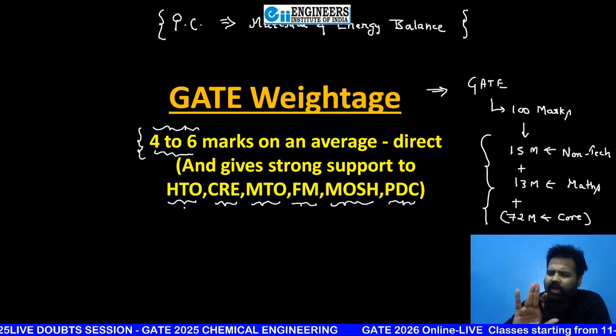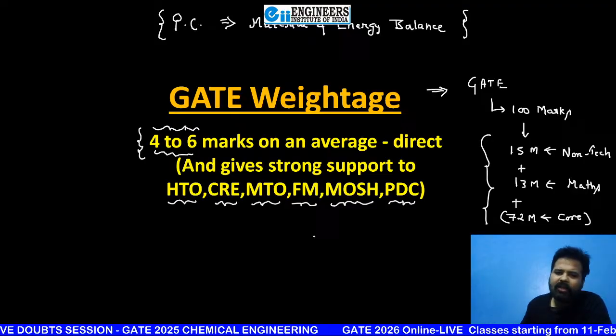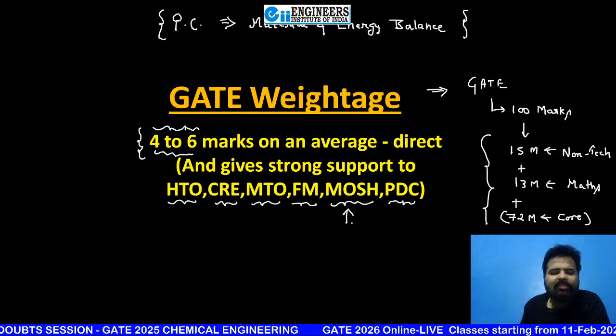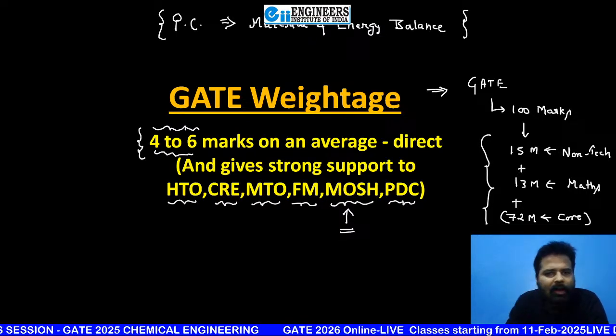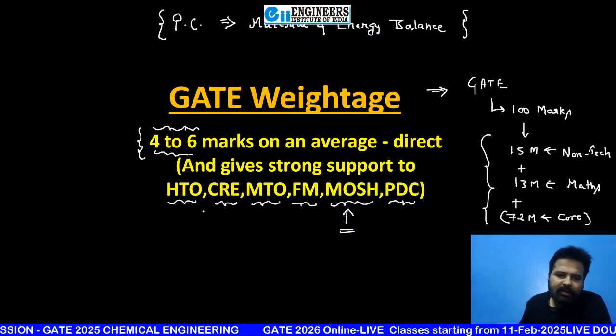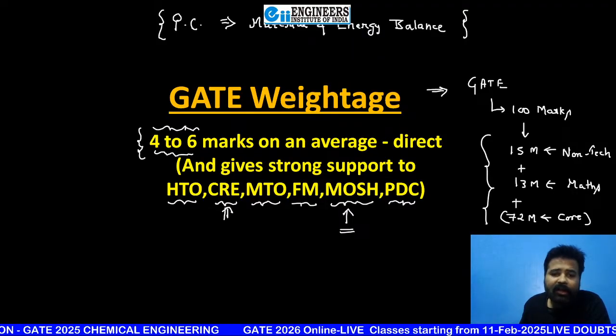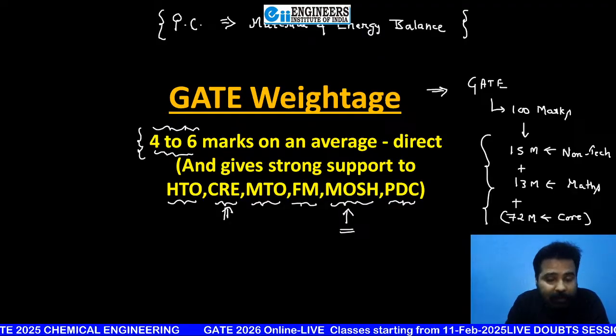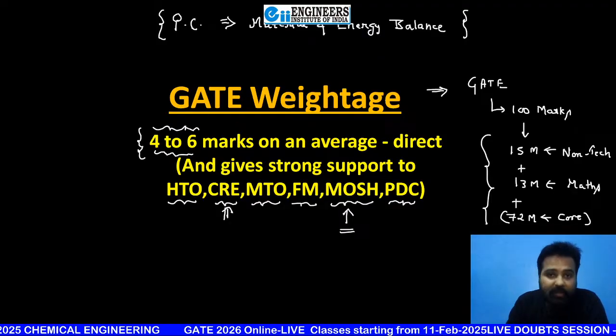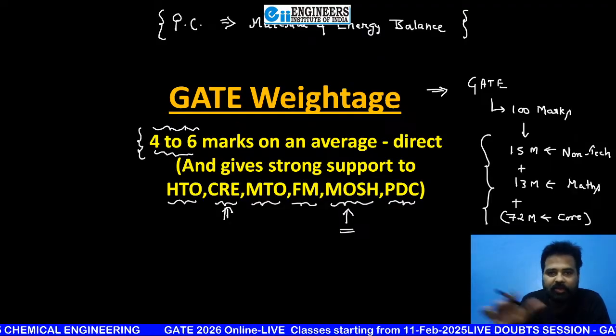No need for extra knowledge of that subject. Like in mechanical operation, if they are asking about screen effectiveness, directly you can solve with the help of process calculation. Like in CRE, if they are asking CSTR problems and not direct design equation type questions, then again you need material balance, a mix of PC and CRE.